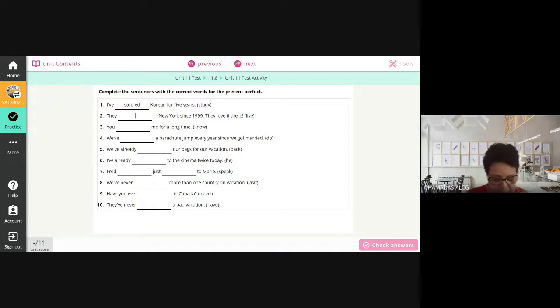Have. Very good. Excellent. Now, the second element is the main verb. The main verb here is the verb to live in the past participle. The verb to live is regular, so it's easy.